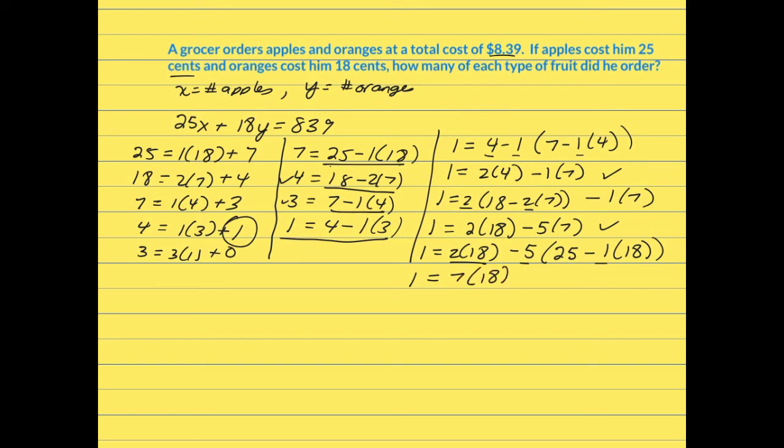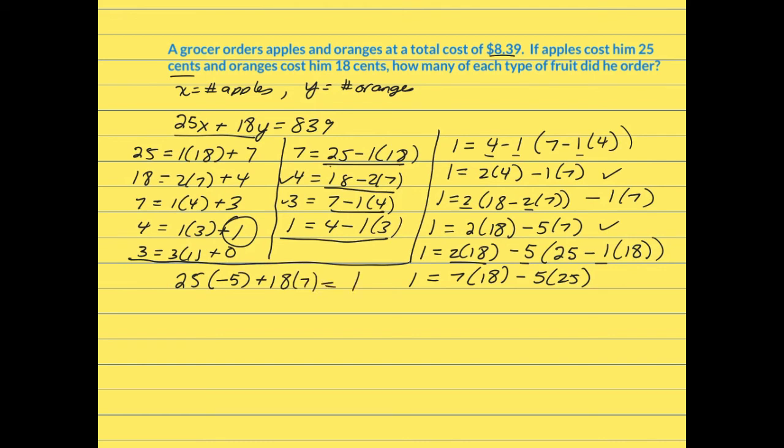So we got 7 times 18 minus 5 times 25. So now we'll rewrite that equation in the form of our Diophantine equation we're trying to solve. So we want the 25 first. 25 times a negative 5 plus 18 times 7 equals 1.